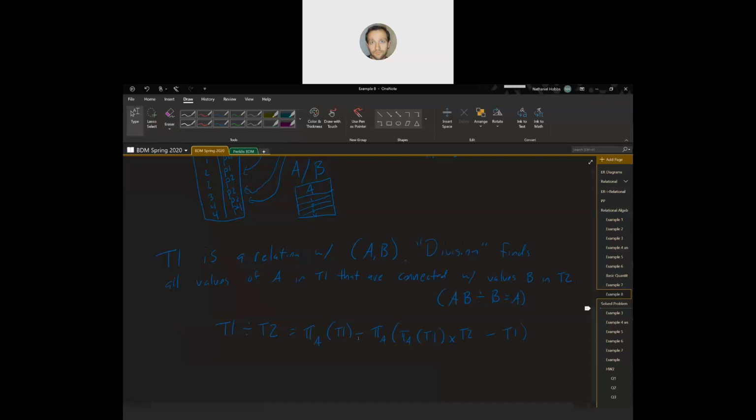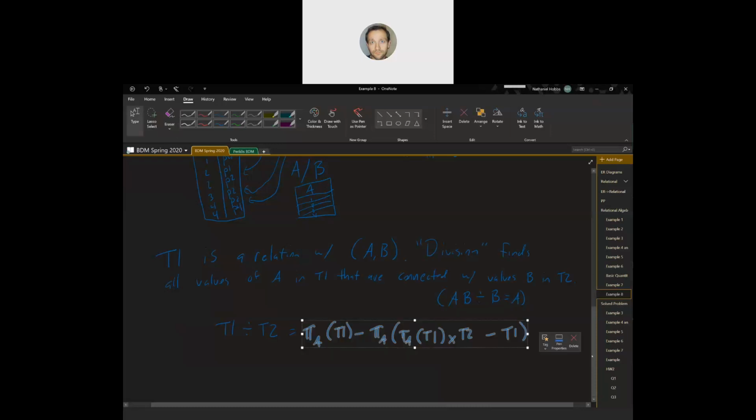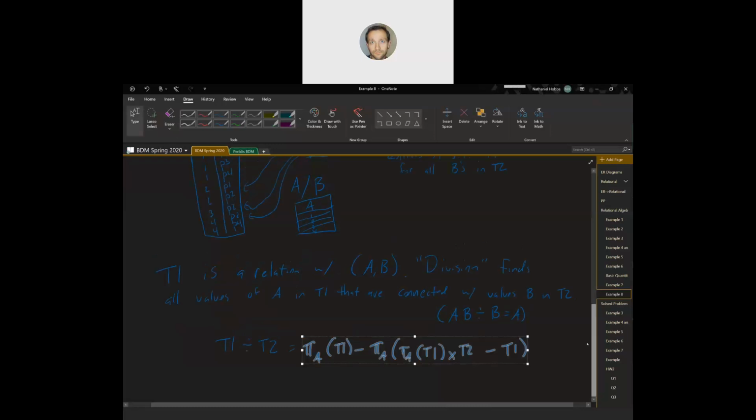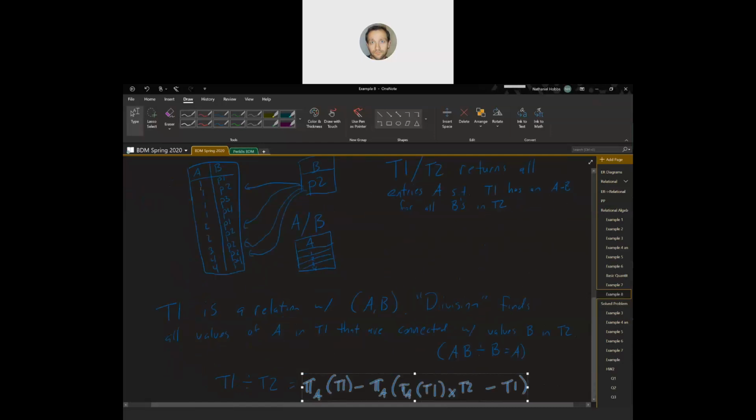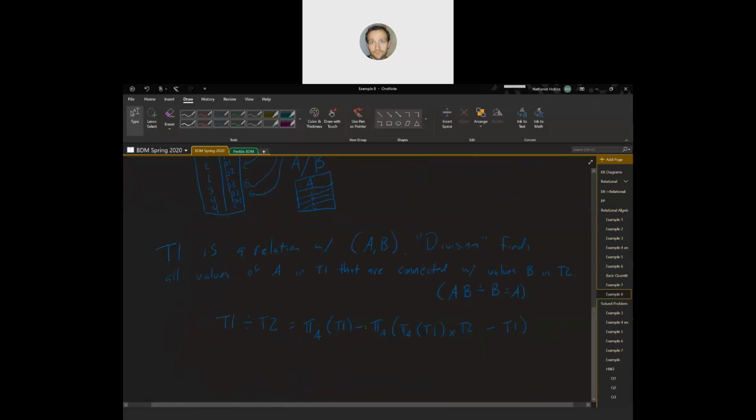Okay, so this query here, I hope there's enough room on this screen. There is not. Yeah, this is pi A of T1 minus pi A of T1 cross T2 minus T1.